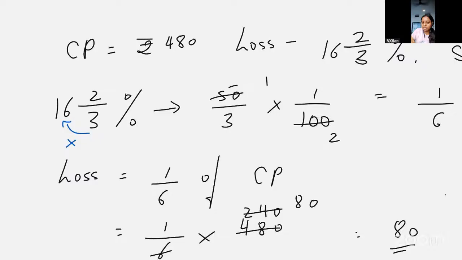And then to 48, you will add this 2. First 16 into 3 means the side number and the bottom number we will multiply. How much will we get? 48. Then to the 48, we add the top number, that is 2. How much? 50. And the bottom 3 remains as it is. Okay, so this is how you convert.